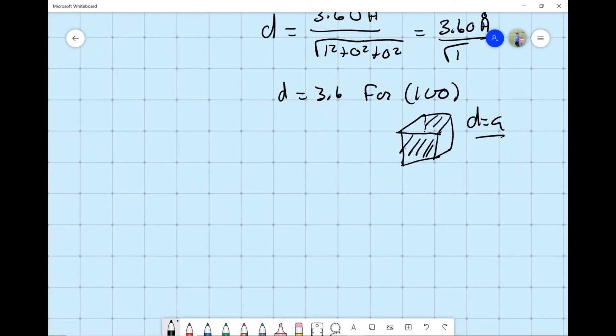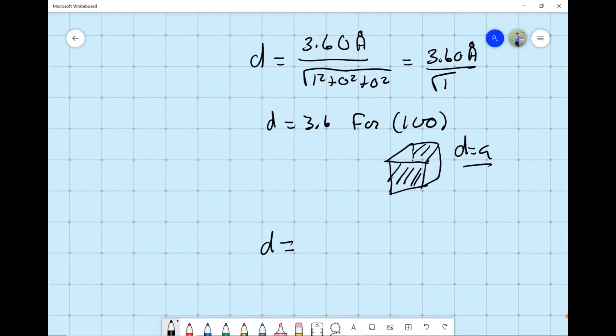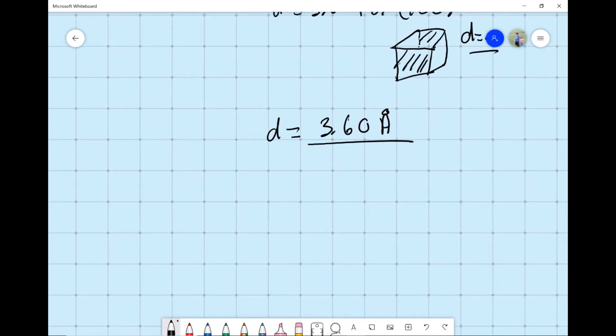Let's just try D equals 3.60 angstroms over the square root of 1 squared plus 1 squared plus 0 squared, which equals 3.6 over the square root of 2 angstroms.